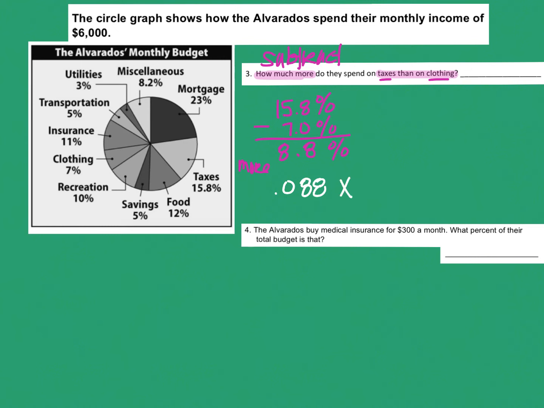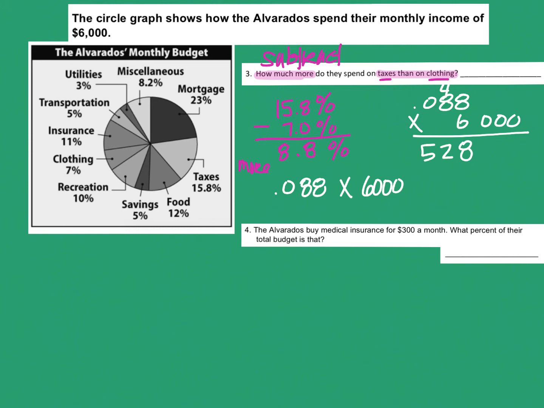Then I would multiply that by their total monthly income, which was $6,000. And I can make it easy, just like I did on the last one. I'll say 0.088 times 6,000, but really I'll just put the 6 and stick my zeros out on the end. 6 times 8 is 48. 6 times 8 is 48 plus 4 more, 49, 50, 51, 52.